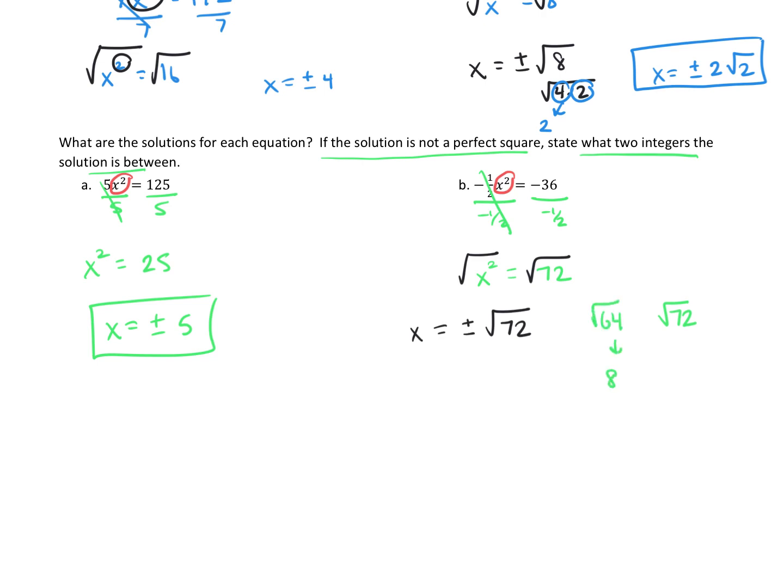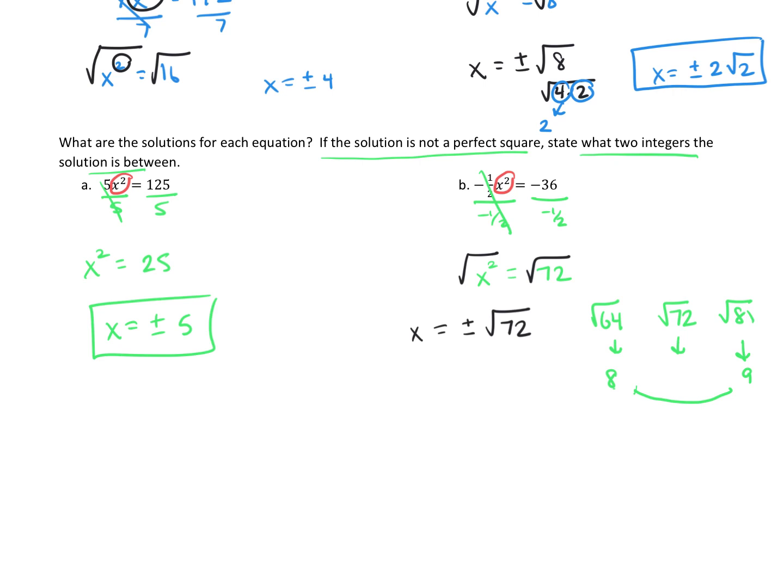That's 8. And we know the square root of 81. That's 9. So square root of 72 must be somewhere between an 8 and a 9. So it's 8 point something. So what 2 integers is the solution between? It's between an 8 and a 9. If we were using the negative values, we would say between a negative 8 and a negative 9.